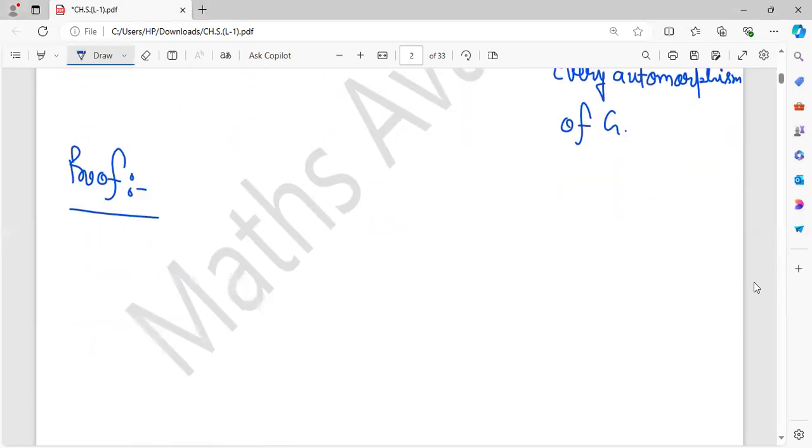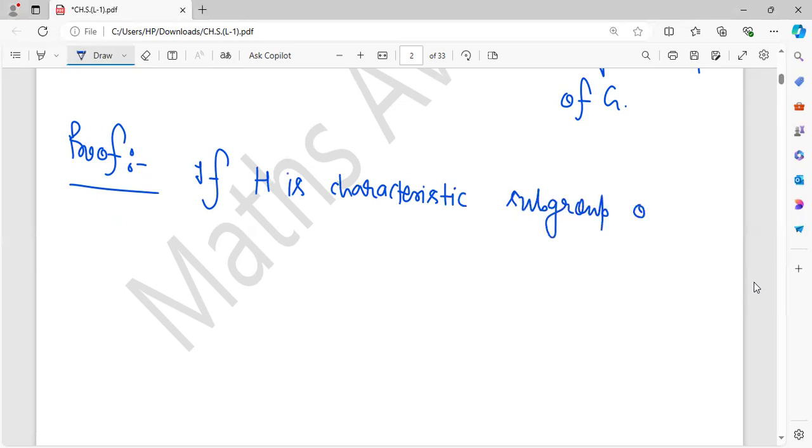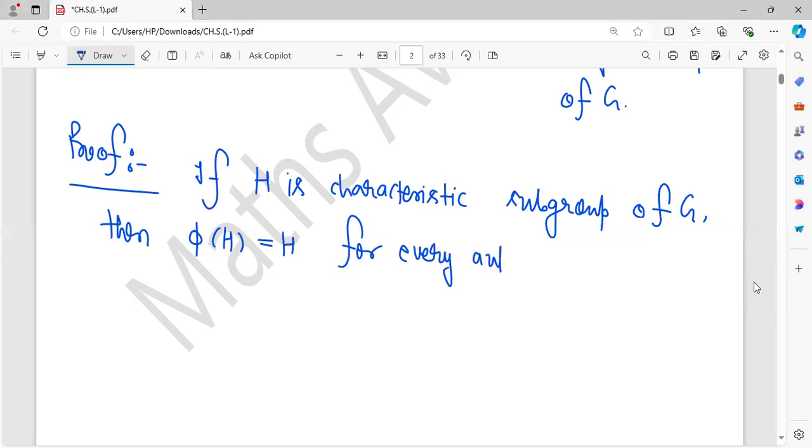So one direction is obvious. If H is a characteristic subgroup of G, then phi H is equal to H for every isomorphism of G. So, obviously, what is the meaning of this?